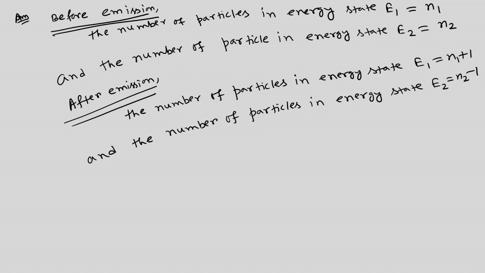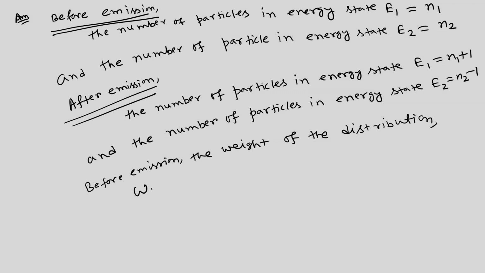So, before emission, if we say the weight of the distribution is W1, then we have total capital N number of particles, with N1 number of particles in energy level E1 and N2 number of particles in energy level E2, and capital N is N1 plus N2.